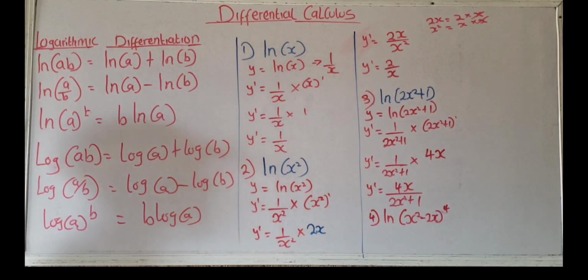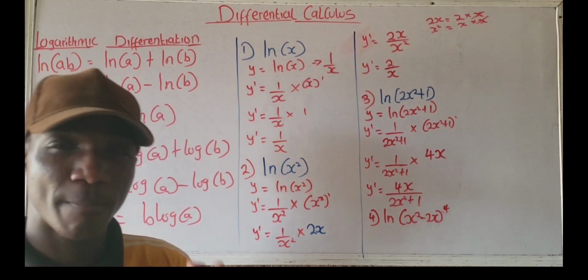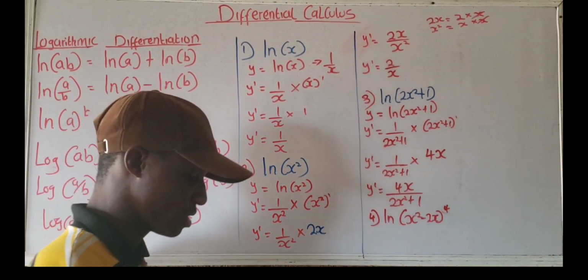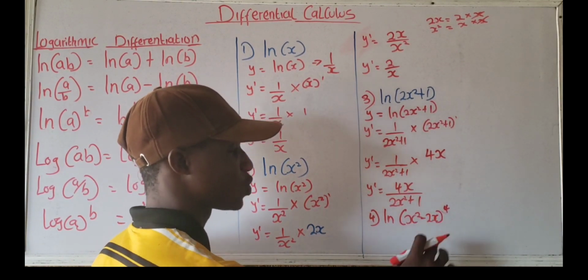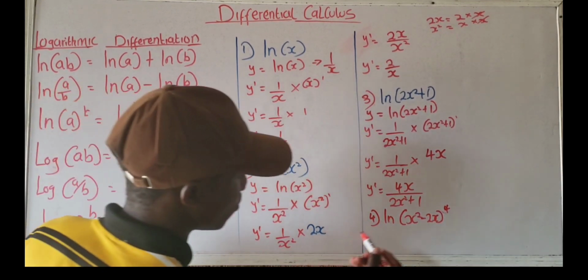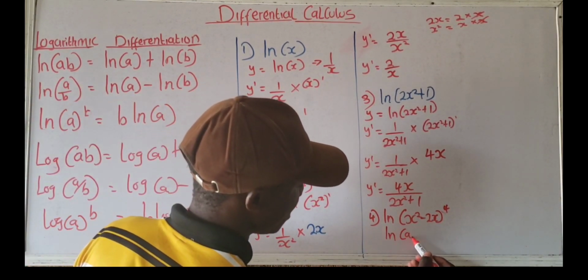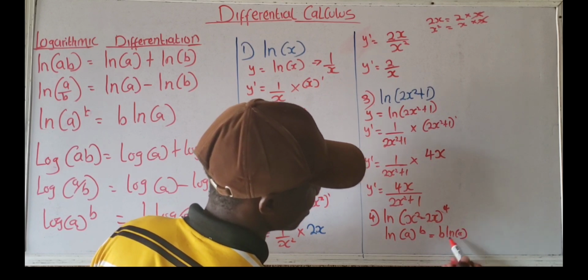The log of a power is the product of that power and the log. That is the rule. Now look, we have the natural log of x squared minus 2x to the power of 4. According to this rule, ln a raised to the power of b is equal to b multiplied by ln a.